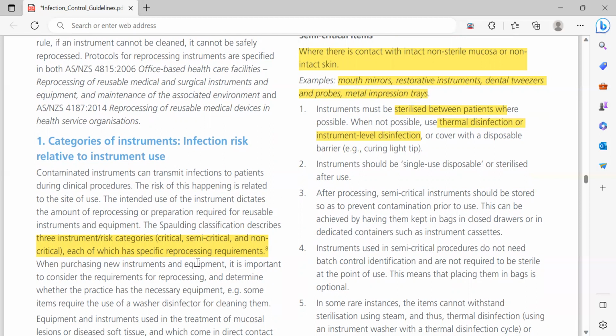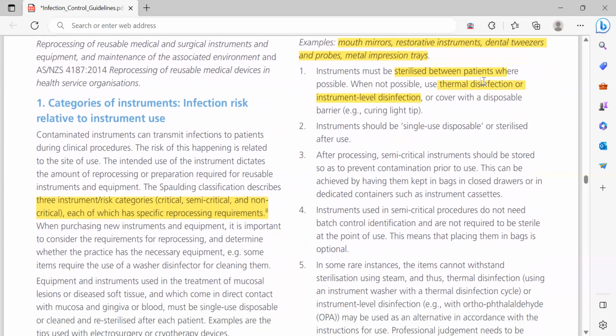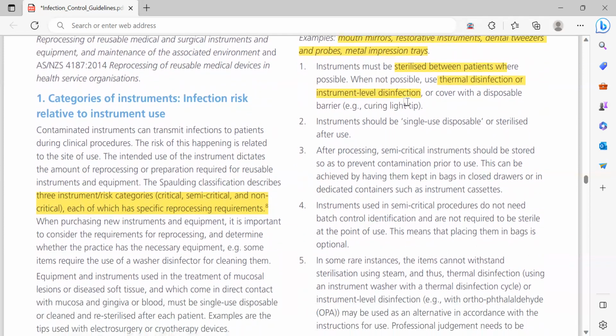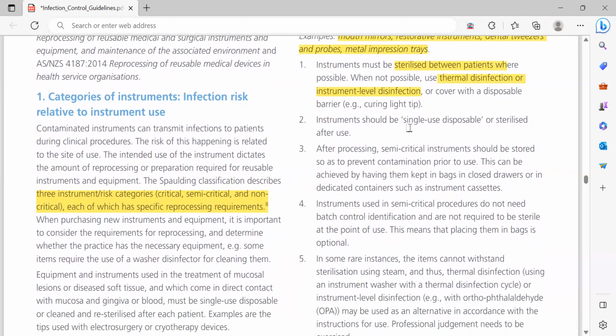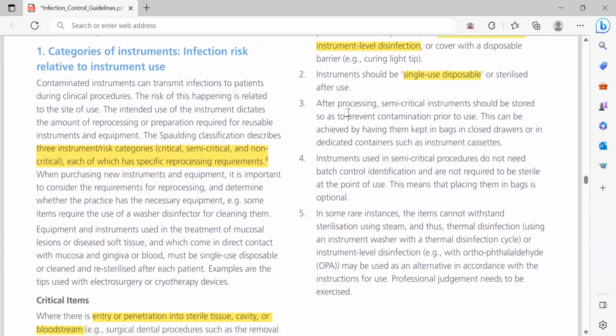For the critical items there is no other way; they should be sterilized. But for these ones, you can do either thermal disinfection or instrument level disinfection, and they should be single use disposable or sterilized after use.